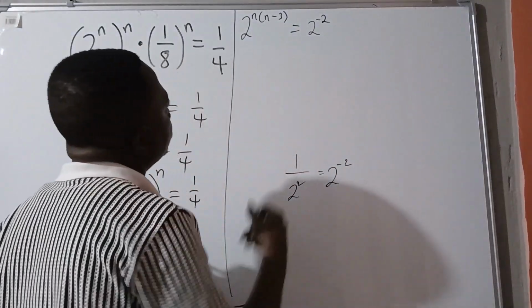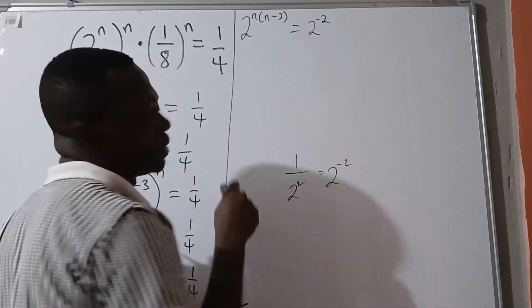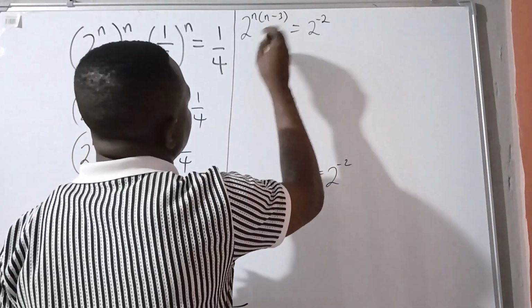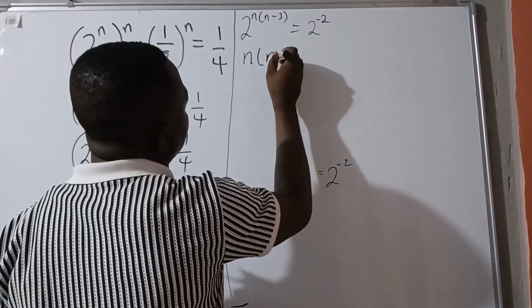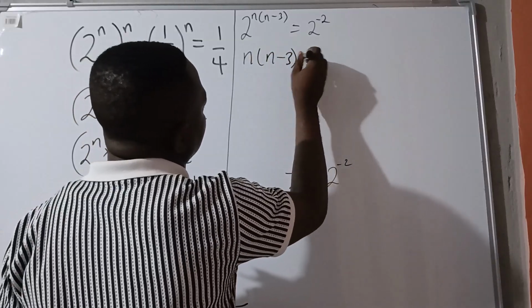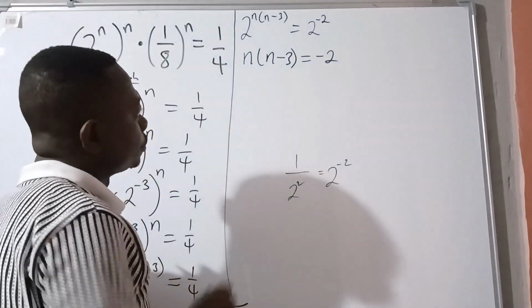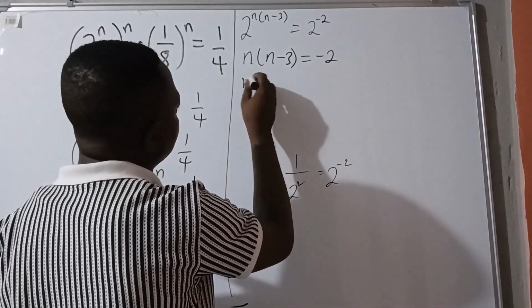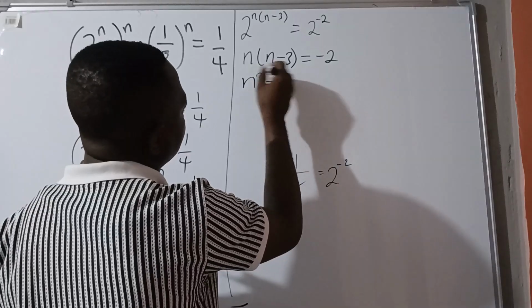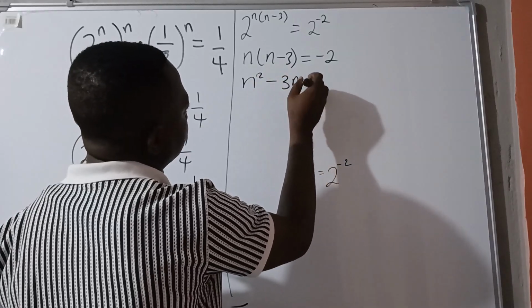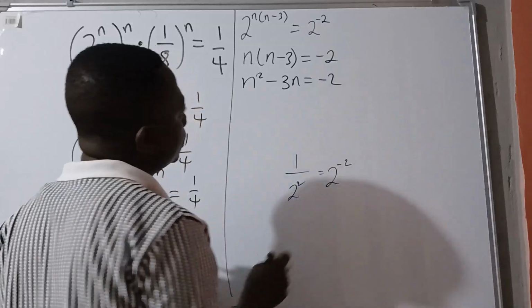Now we have equal bases, so we can equate the powers. So we have n times (n minus 3) equals minus 2. Let's go ahead: n squared minus 3n equals minus 2.